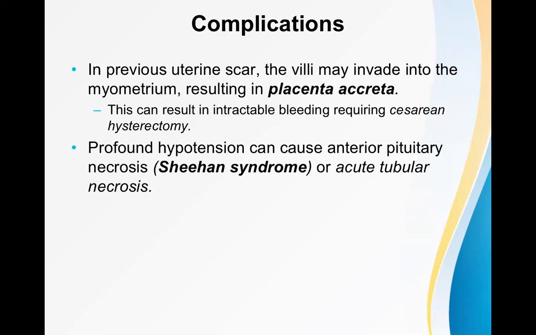Long time ago, when we talked about the class on placenta, we talked about different complications of placental insertion, like placenta accreta, placenta increta, and placenta percreta. These are insertion of the placenta into the substance of the uterine wall. Accreta means it is just going inside. So this is a type of complication.